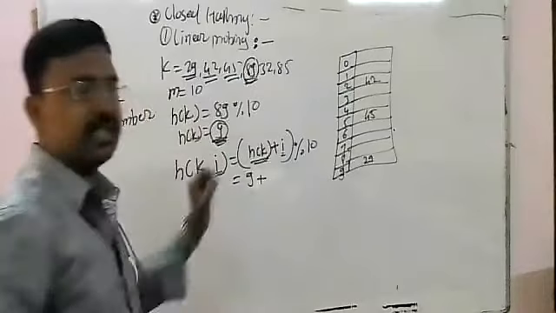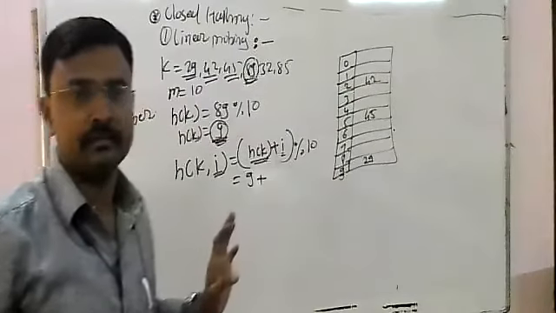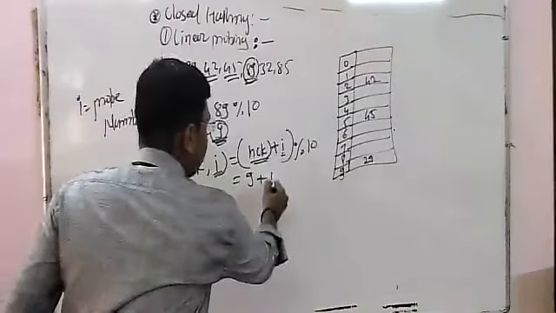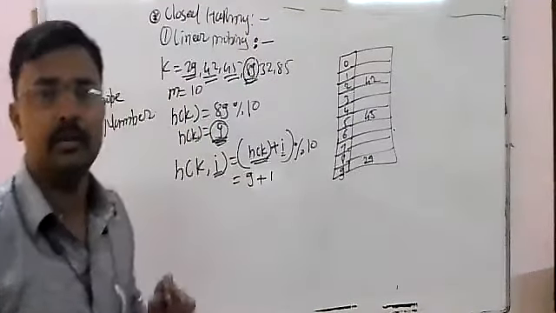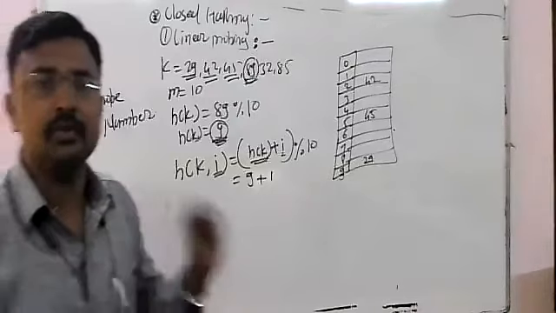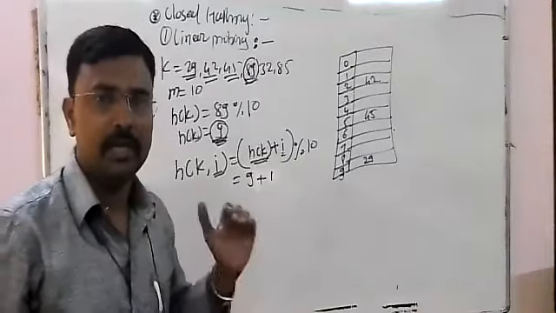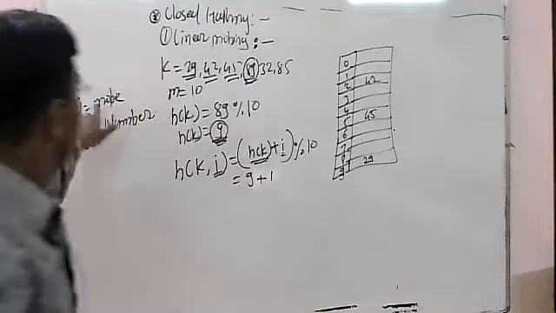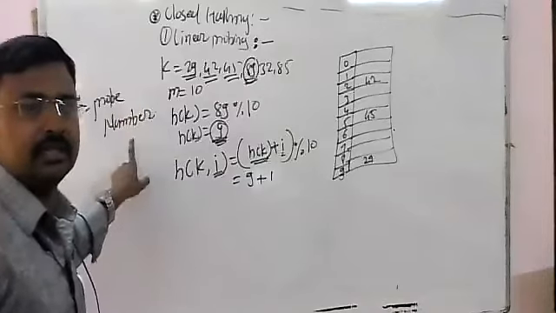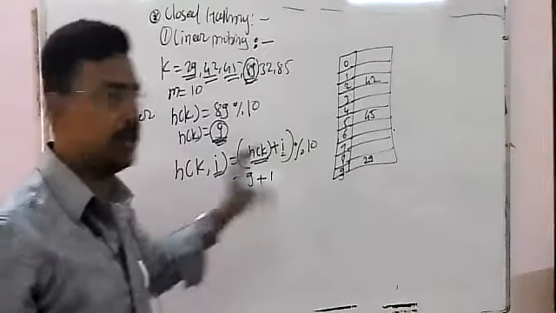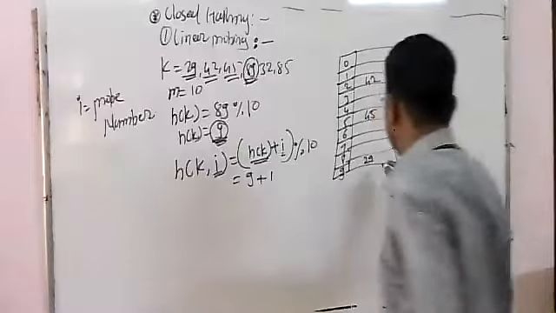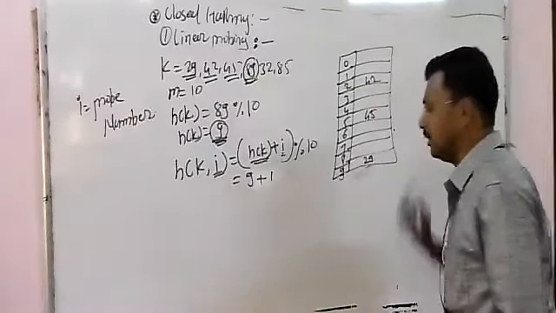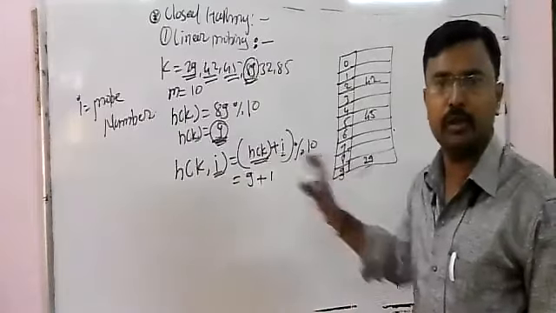Now, first time we got a collision, so i value is 1. How many times you got a collision, that is your probe number. First time we are going to store 89 here, and we found that there is 29, which means first time we got a collision.